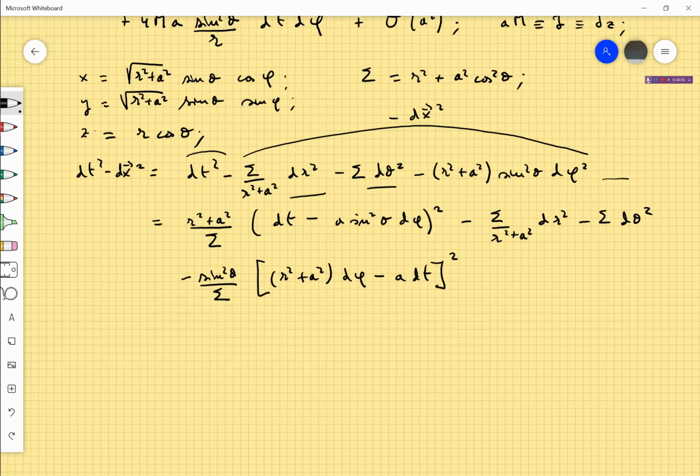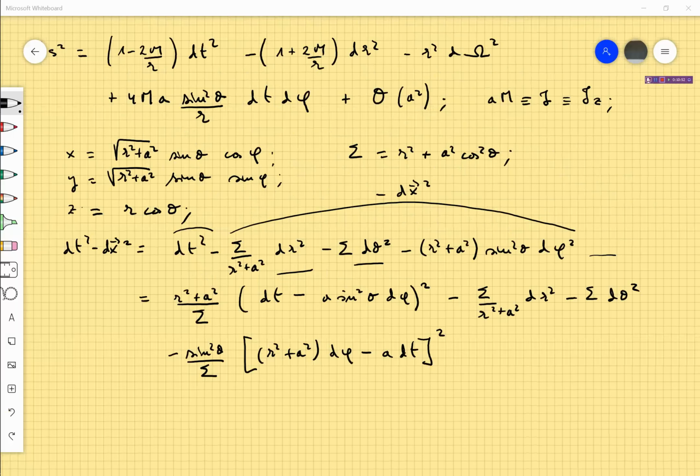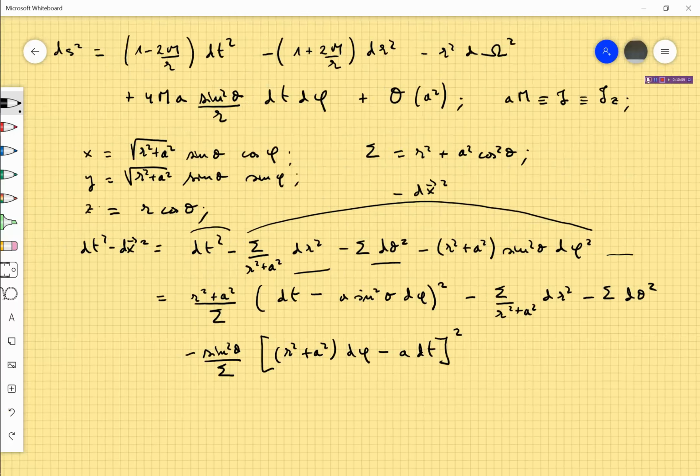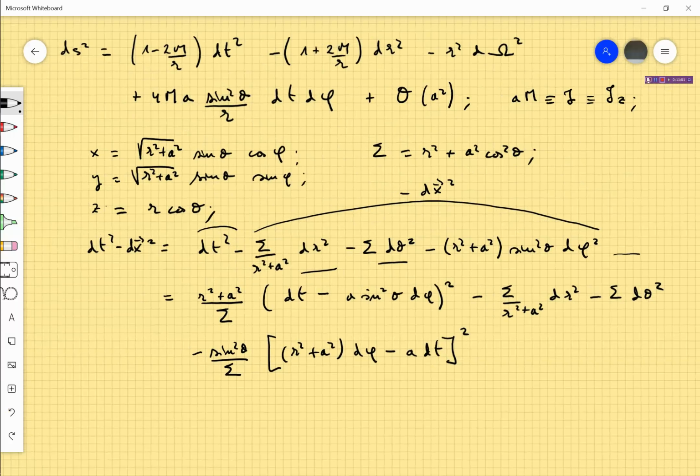If you now compare this form of Minkowski and this asymptotic expansion for the metric of our rotating object, this suggests you to make some replacements. For instance, you would like to replace this by some function of r different from this one, because you have to get something like this.